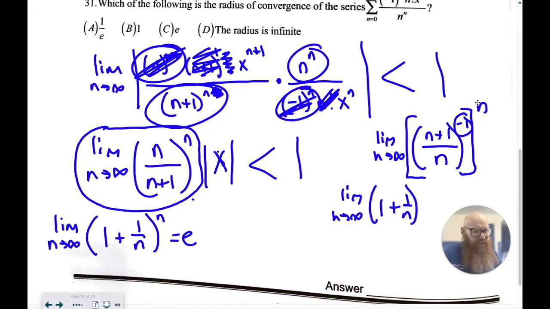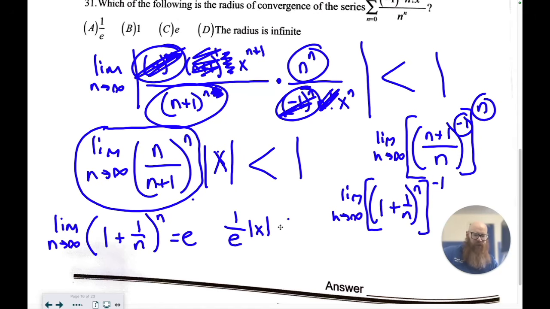These get multiplied, which means they're allowed to just change places because multiplication is commutative. All right, so what I now have is this limit. This is like the definition of e, right? That's what this says down here. So this limit is e, but to the -1, and e to the -1 is 1 over e. So this whole thing becomes 1 over e, absolute value of x is less than 1.